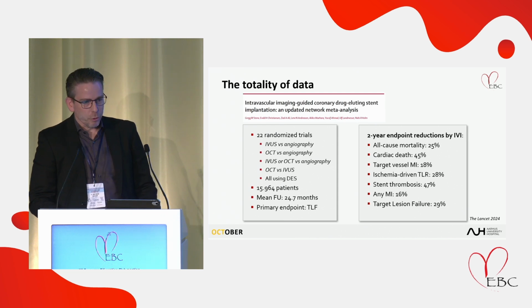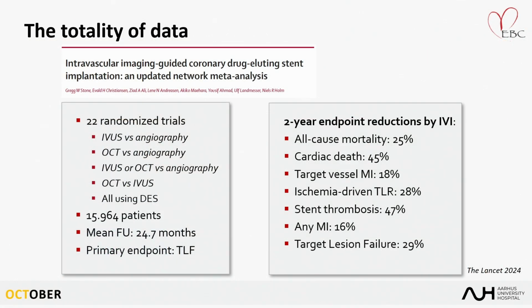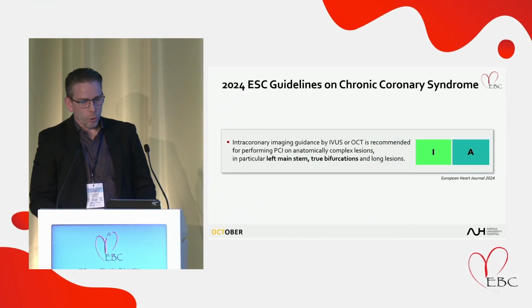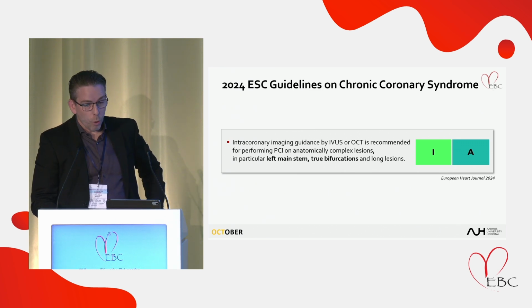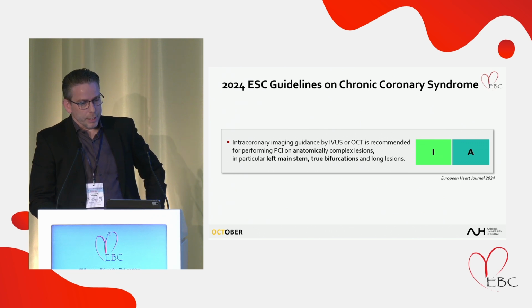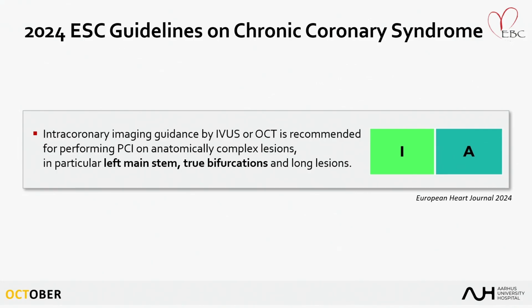We also had the pleasure to collaborate with Greg Stone and Ziad Ali on this meta-analysis published in the spring, showing that there's an effect across 22 randomized trials on all-cause mortality, cardiac death, target vessel MI, ischemic target lesion revascularization, and so on. And that, of course, supported the 1A indication for intracoronary imaging guidance by IVUS or OCT for performing PCI in anatomically complex lesions, in particular left main stem, true bifurcations, and long lesions.